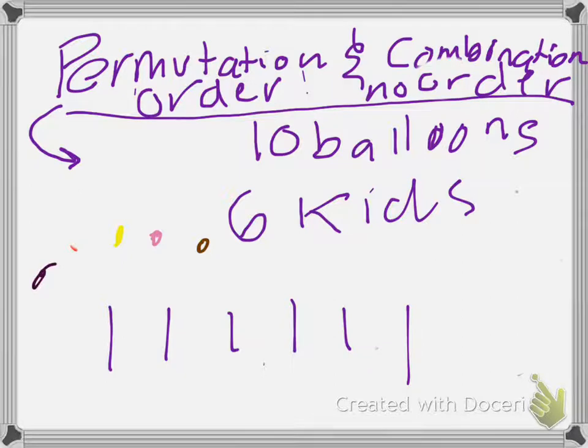So that's 1, 2, 3, 4, 5. Say we have a gray balloon, and an orange balloon.